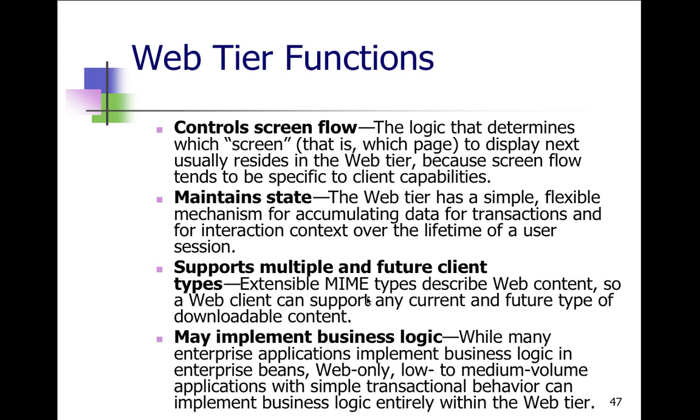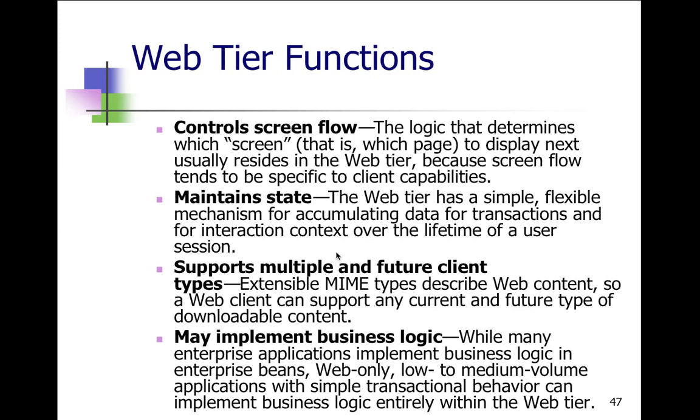So if the client is a mobile client, or is coming from another computer connection or another server, maybe without a UI, the screen flow and content is going to be determined by the web tier. It maintains state. The web tier has a simple, flexible mechanism for accumulating data for transactions, interactions, and user sessions. It supports multiple and future client types as well.